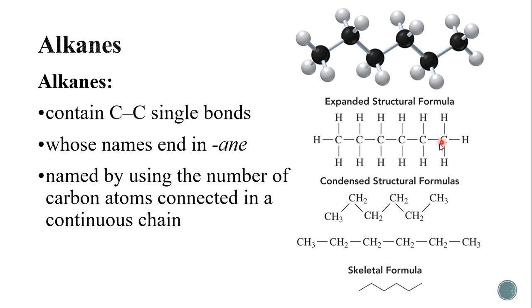One thing to point out is all of these carbon-carbon bonds are single bonds, right? So single bond, single bond, single bond, single bond, single bond. If I look at any carbon atom in that chain, what we'll notice is it always has 4 bonds. This one right here has 1, 2, 3 bonds to hydrogen.